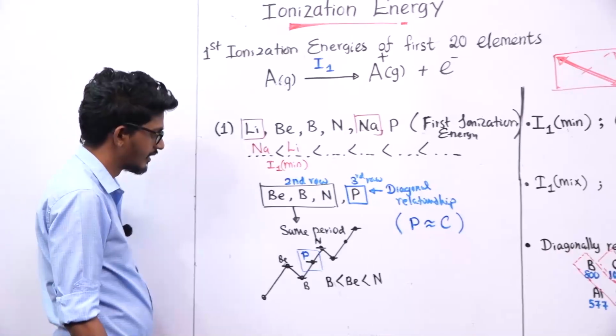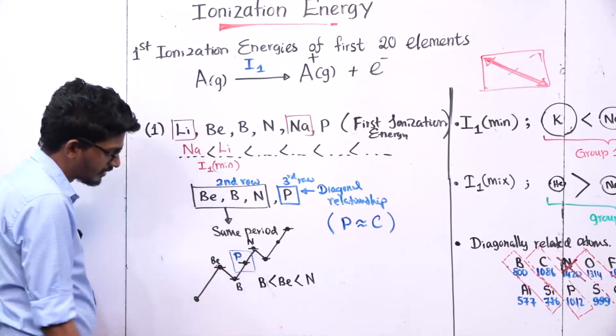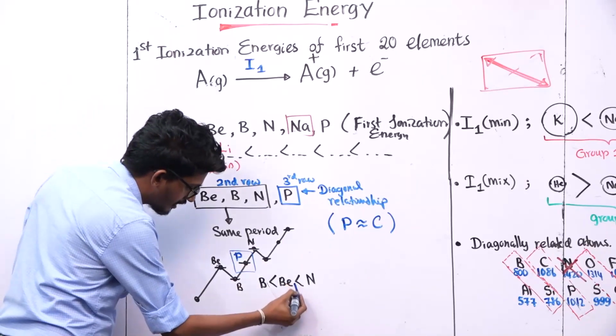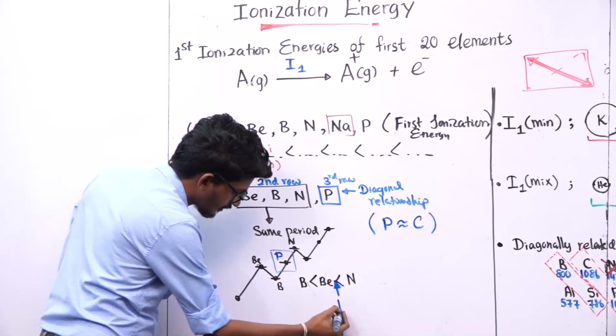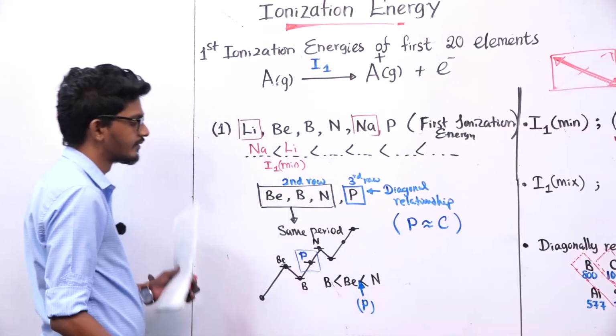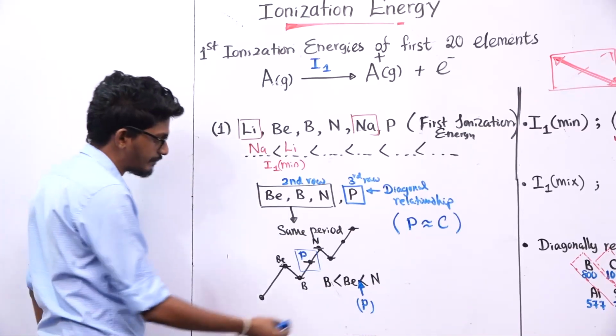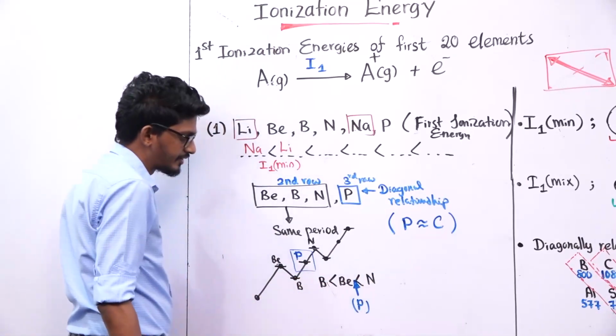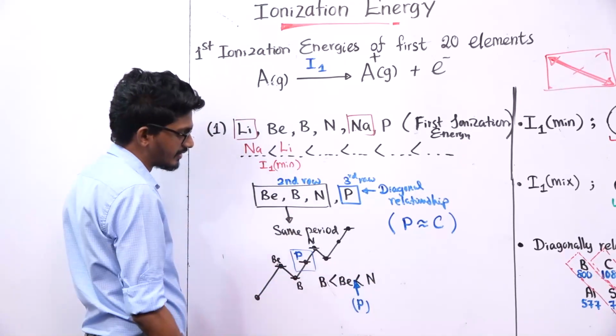So phosphorus should appear in between beryllium and nitrogen. Yes, one can say definitely phosphorus has a lower ionization energy than nitrogen because phosphorus is larger in the same group.